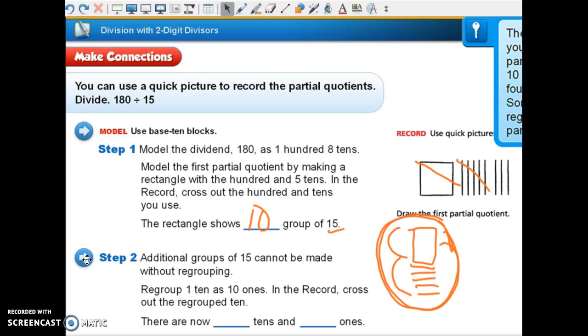Additional groups of 15 cannot be made without regrouping. Regroup 1 ten as 10 ones. So you're going to cross out one of these, and you're going to make it into 10 ones. You can draw little boxes to represent your little cubes.